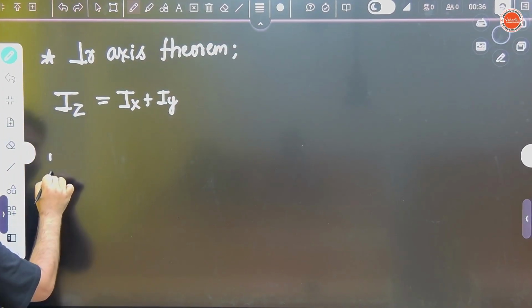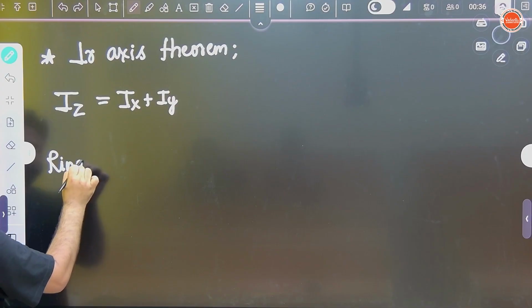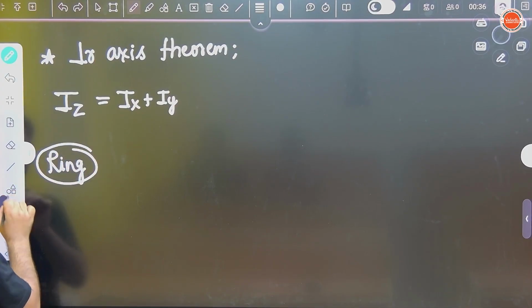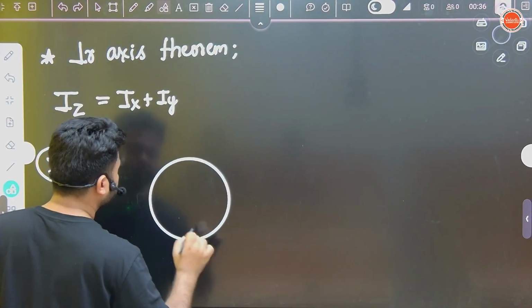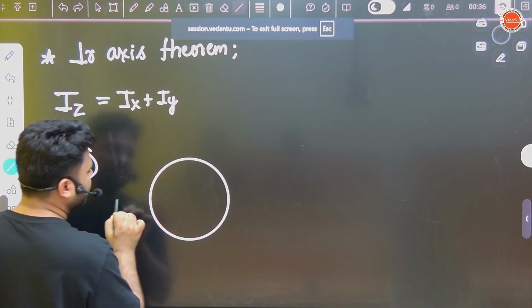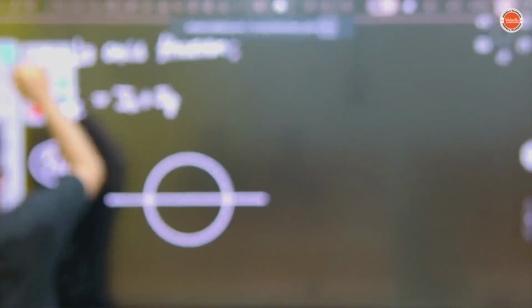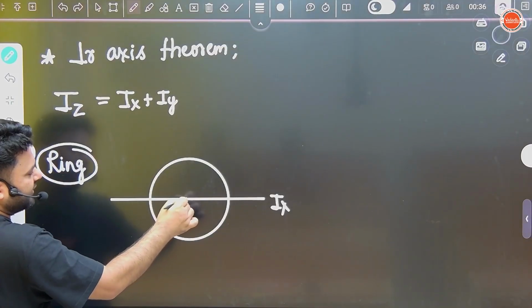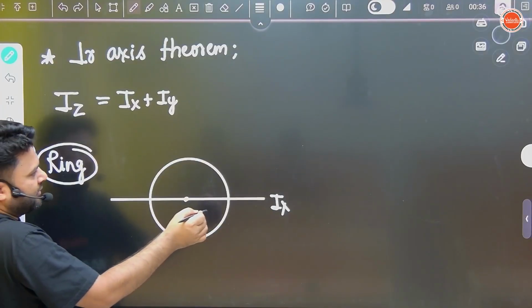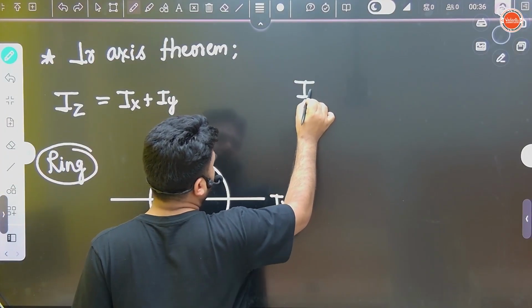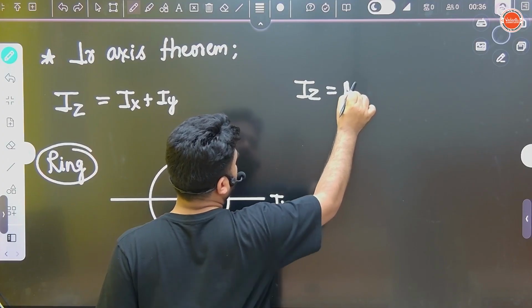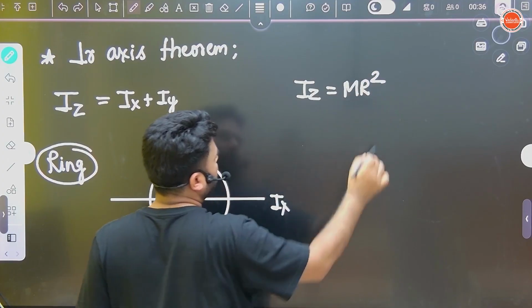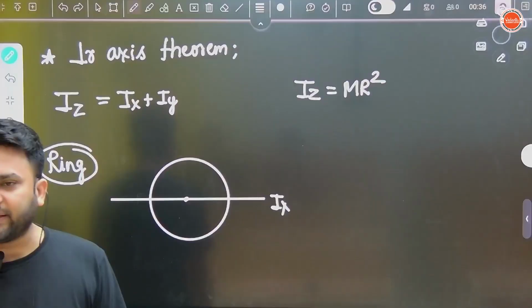For example, there is a ring. See, try to understand. There is a ring. They are asking what is the moment of inertia about this axis, the x axis. Now we know that the moment of inertia about the z axis of the ring is mr square. But they are asking for the moment of inertia about the x axis.